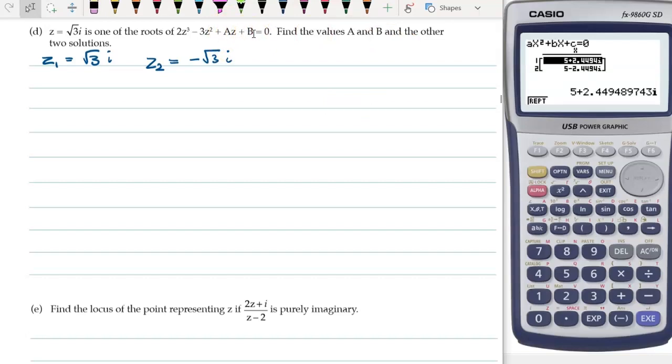So if we substitute in one of those roots, so I'm going to use root 3i as the one that was given to us, then that will give us an answer that satisfies this equation. So it will be equal to 0.